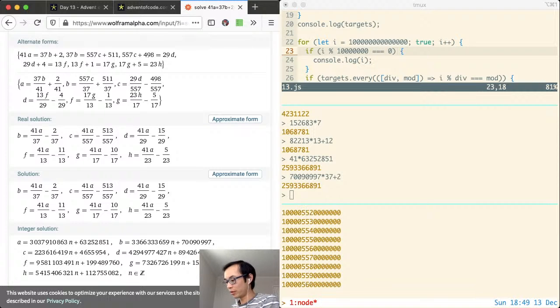I guess you could write B in terms of C. Substitute that in. I wish there was a clear.